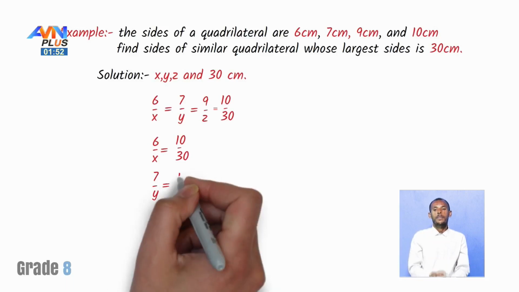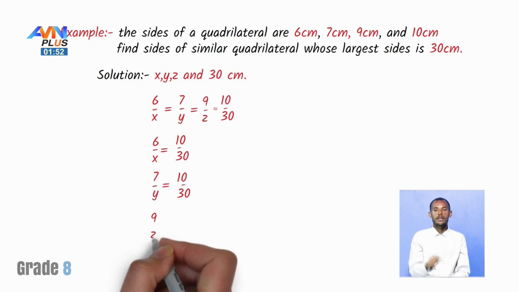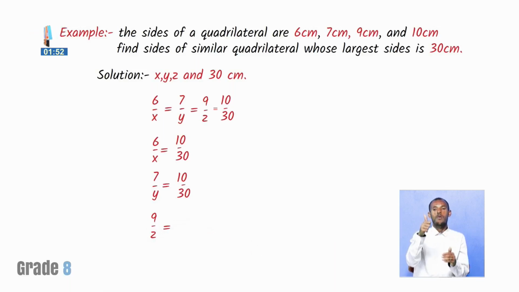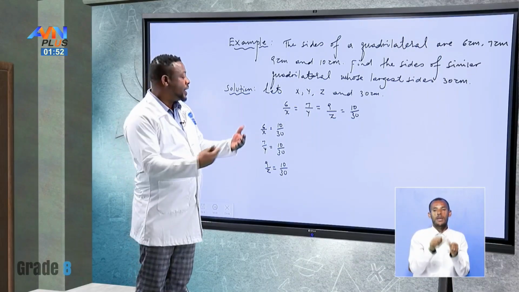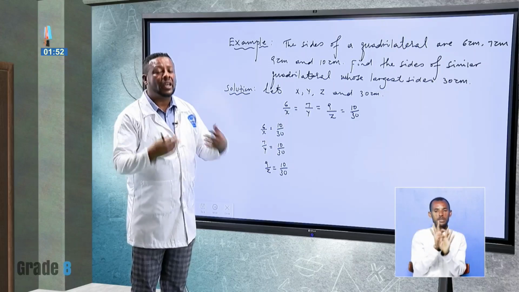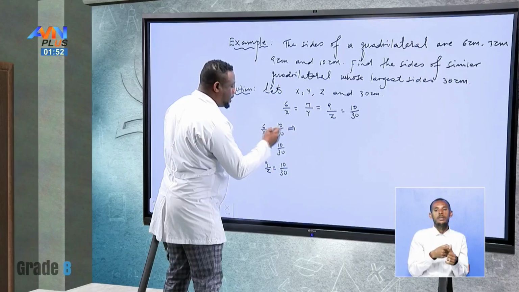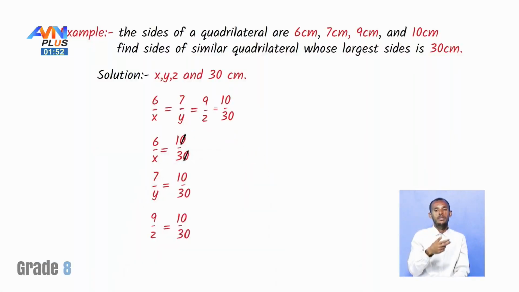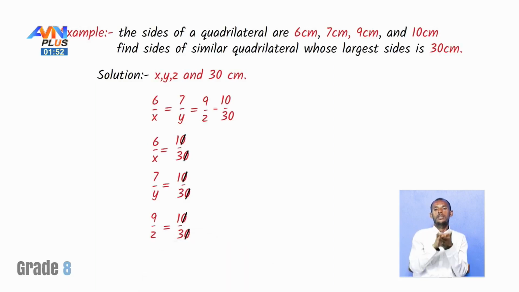The third one that we can take is 9 over z. 9 over z is equal to 10 over 30. Okay? So as we did in the previous example, the only thing that remains here is crisscrossing each equation and obtaining the unknown variables. You can simplify each of these so that our calculation will be easier. So crisscross each of the equations.